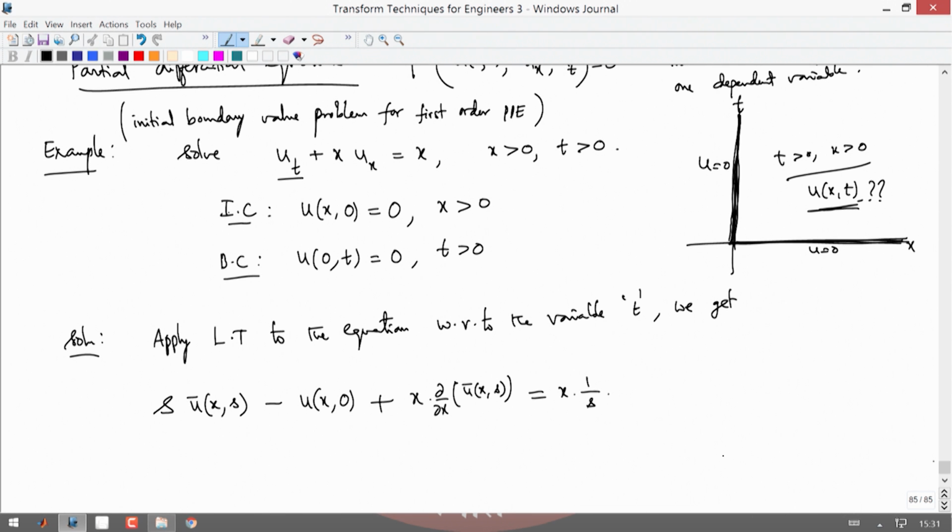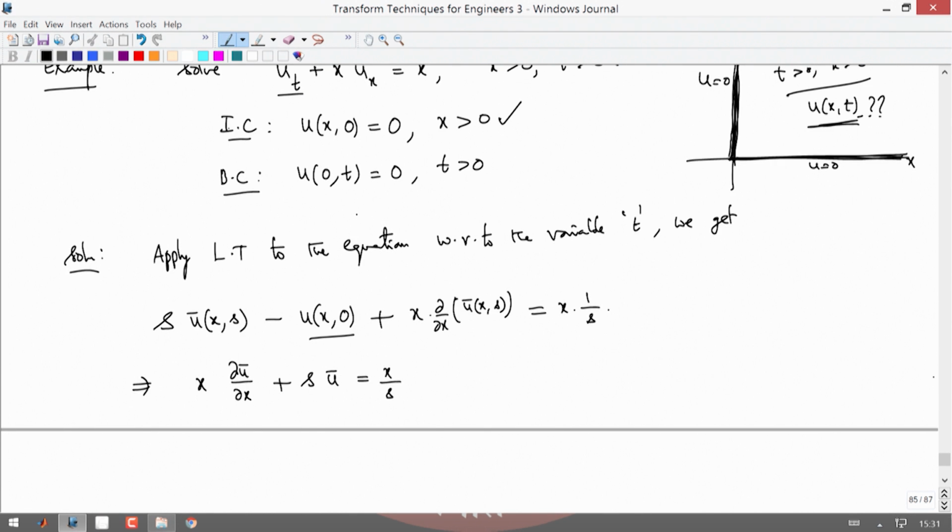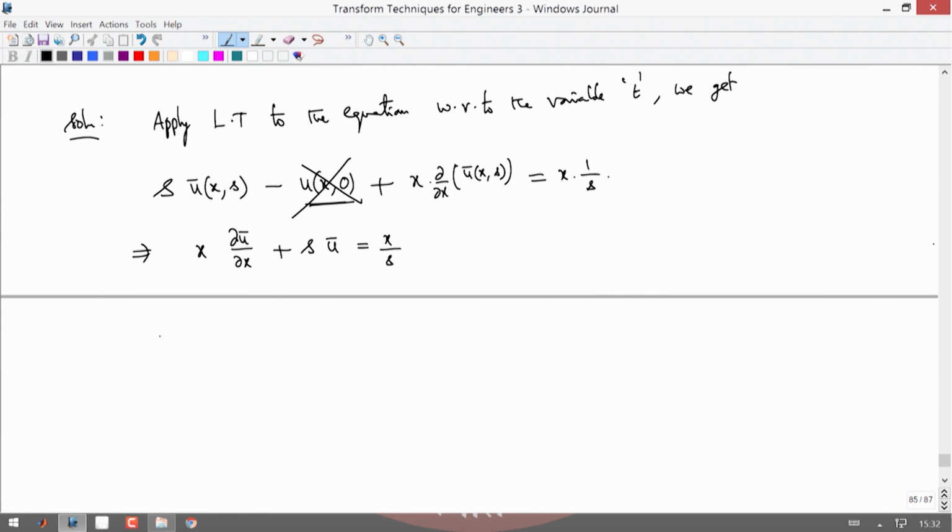So, this is what we have so far. I have used this initial condition. So, if you rewrite this as x times ∂ū/∂x plus s times ū equal to x by s, because this is 0 by the initial condition. Okay. So, you end up with this.